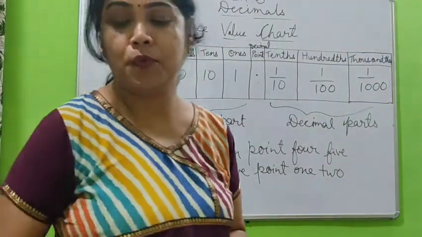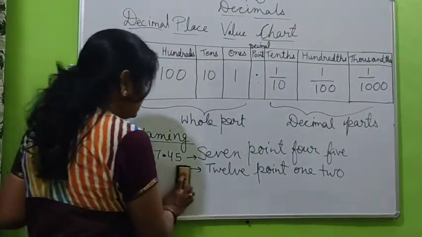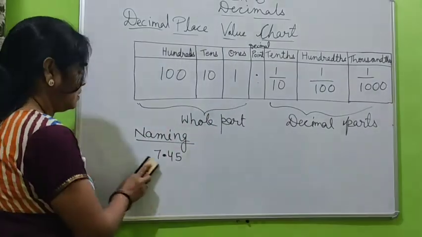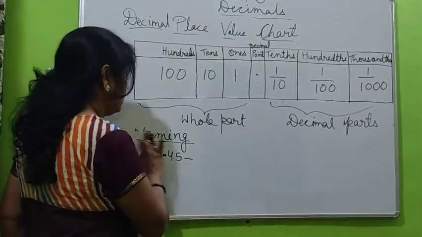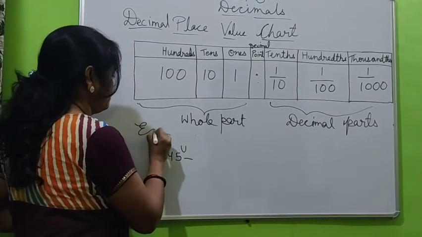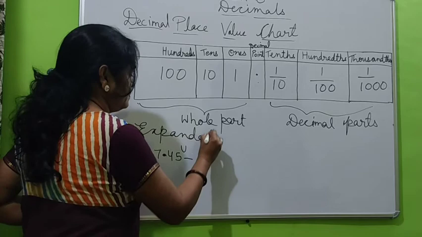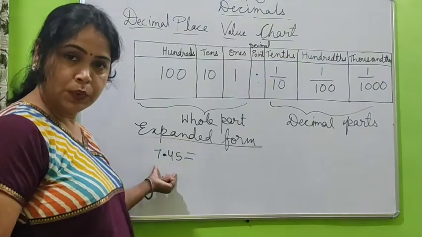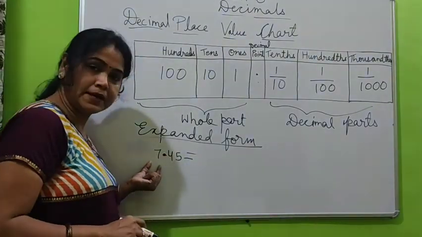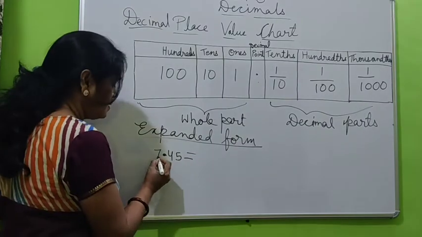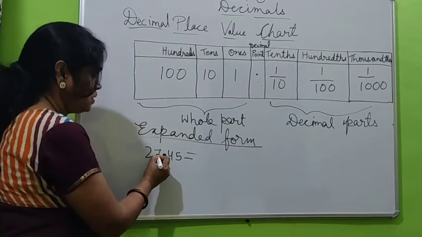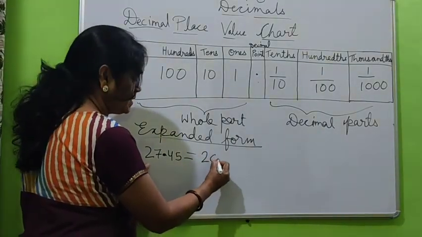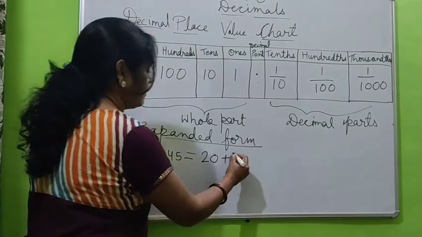Similarly, if we have to write the expanded form of any decimal, in expanded form we first check the whole part and write its place value. Suppose I change the number to 27.45. What is the place value of 2? 20. What is the place value of 7? 7.